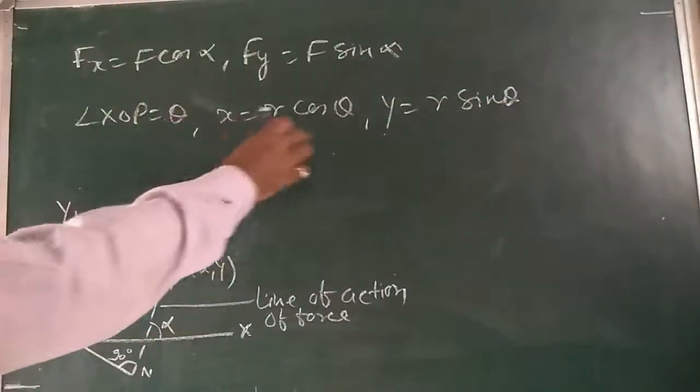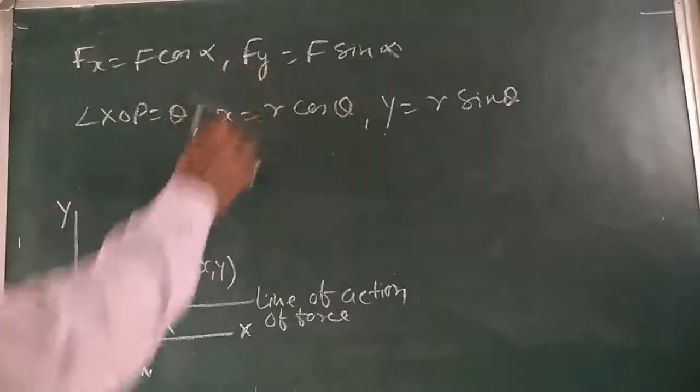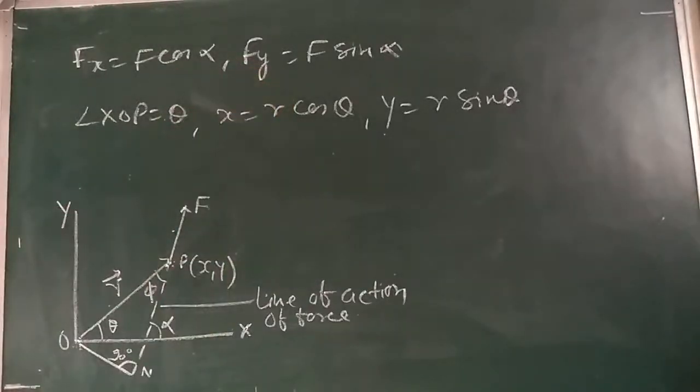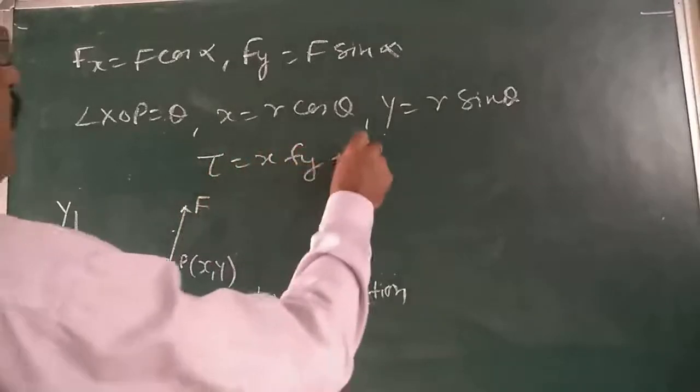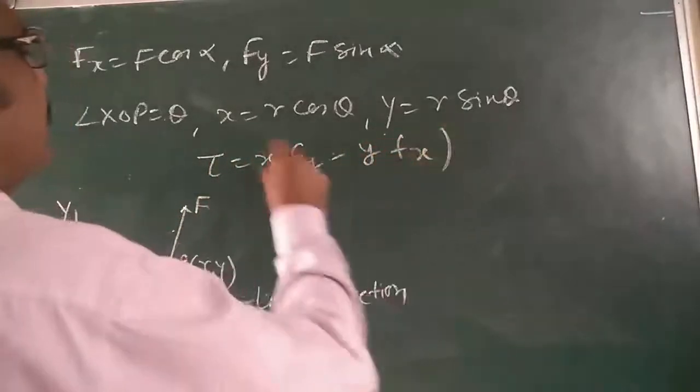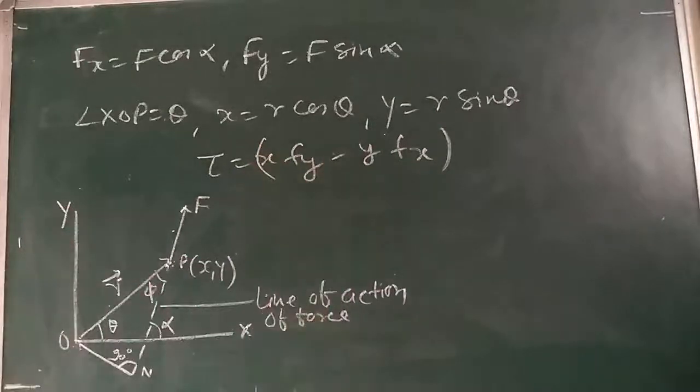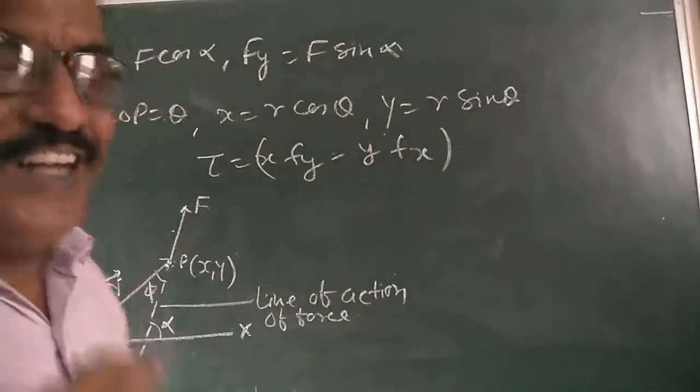Put these values of x, y, fx and fy in our earlier equation, that is torque is equal to x fy minus y fx, which is the expression of torque in a Cartesian coordinate system.